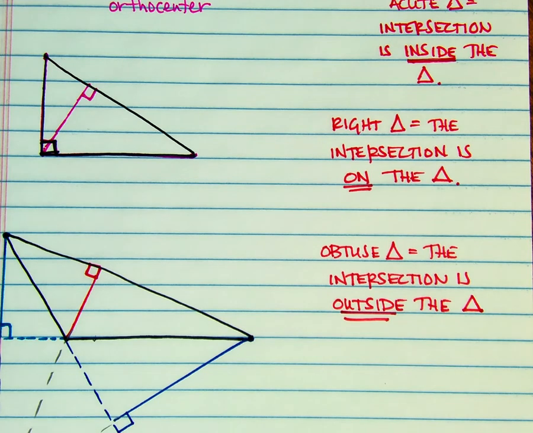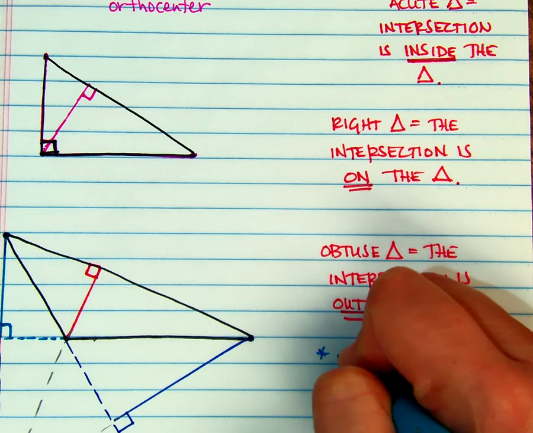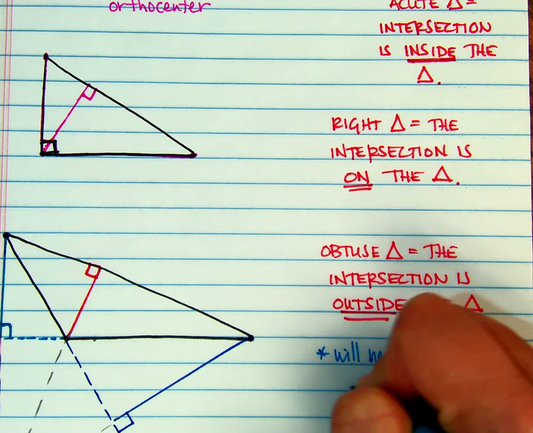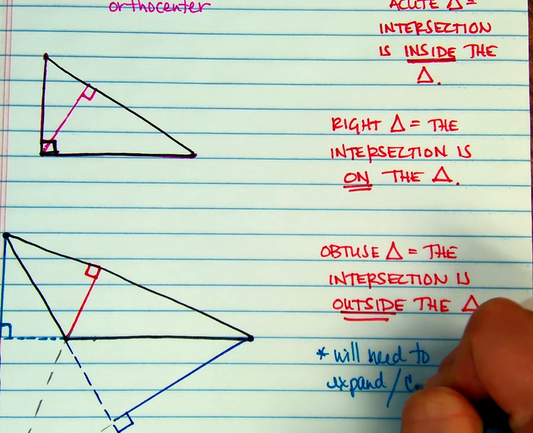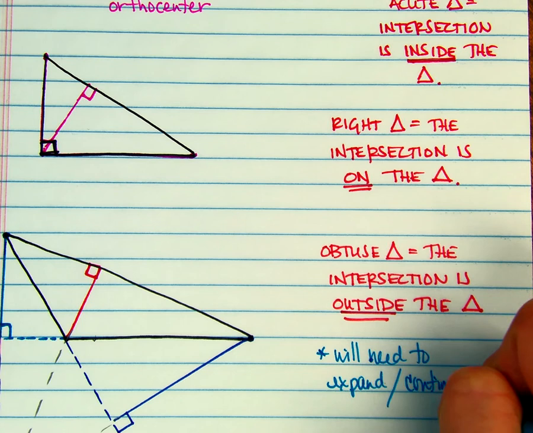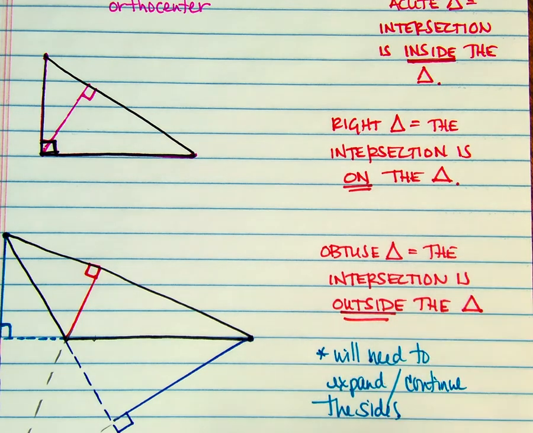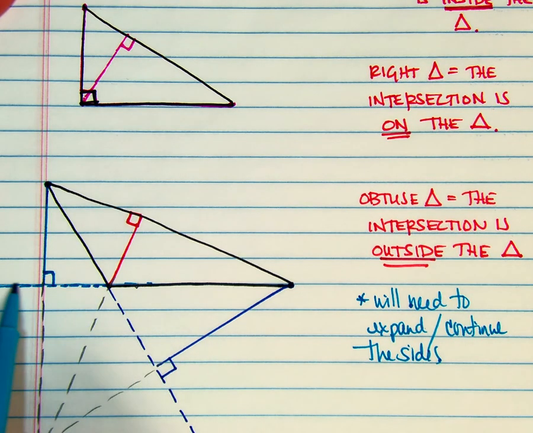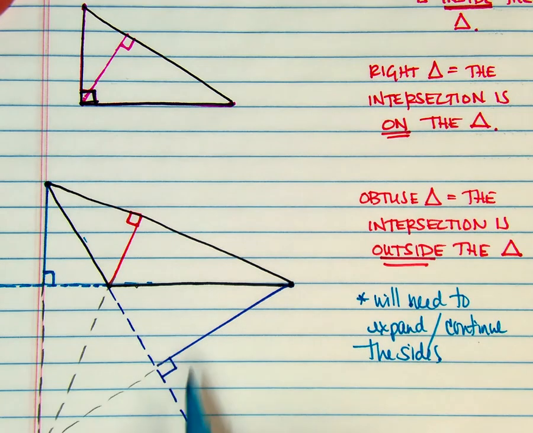And also on an obtuse, now I want to make a special note, you will need to expand, if you want to think of it as continue, the sides. So when I'm talking about that, I'm talking about how we had to extend our side out and extend this side out so that we actually could make the perpendicular.